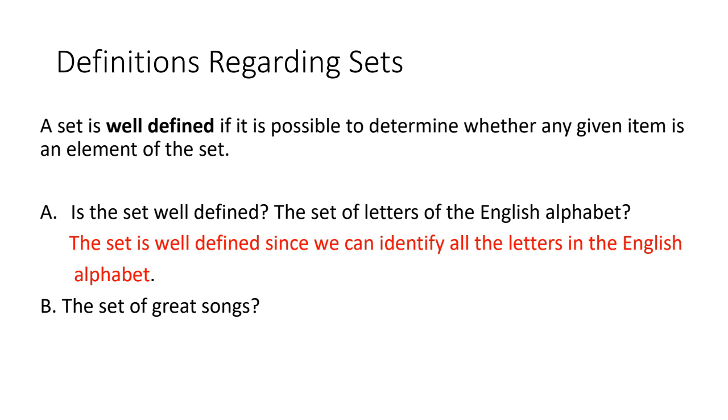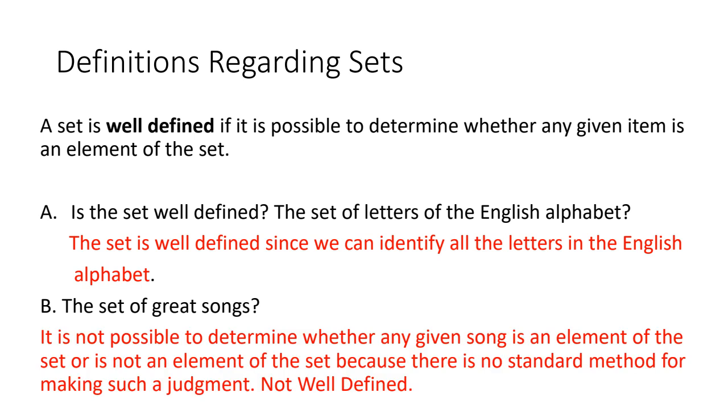Maybe for me, a great song would be a specific country song that I heard, and someone else would say, well, I like this other pop song. Defining what is a great song or a good song is subjective. We all do not get the same answers. Therefore, set B is not well defined.